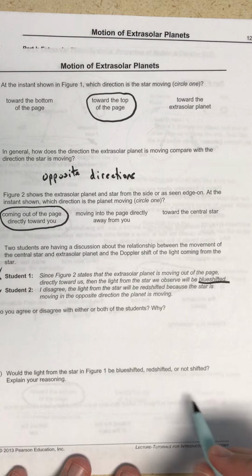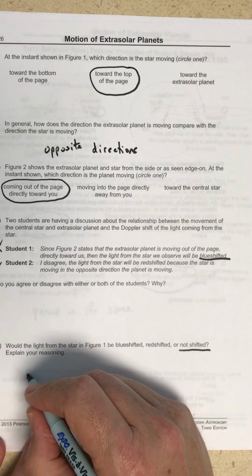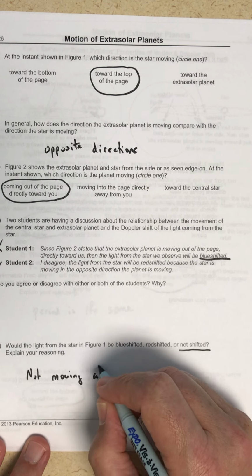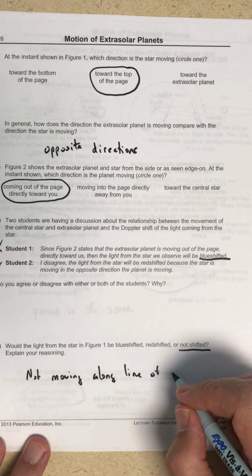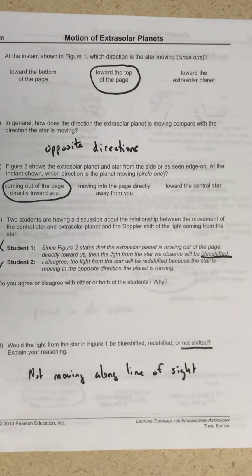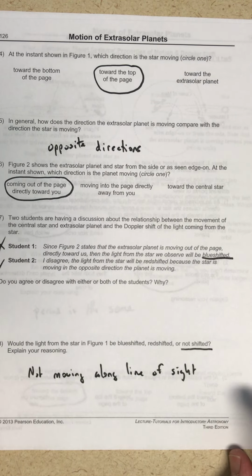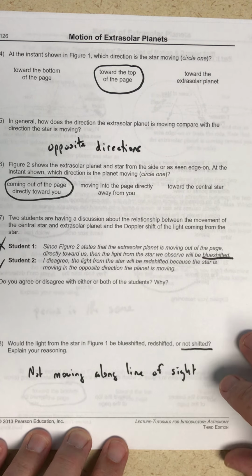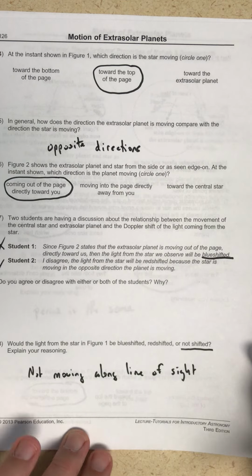So this is not shifted, and why is it not shifted? Because it's not moving along our line of sight, which is one of the limitations of using the Doppler effect to infer motion. You're never going to get the full motion of an object unless it is entirely along your line of sight.